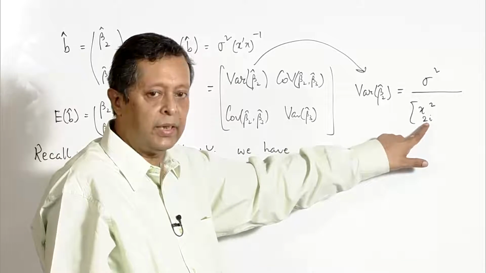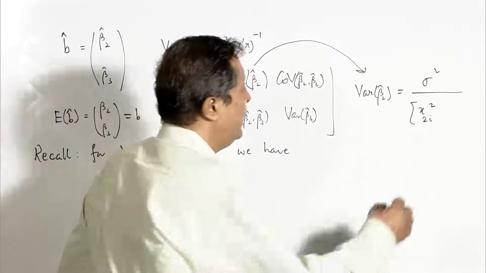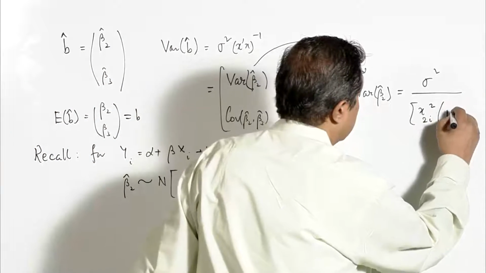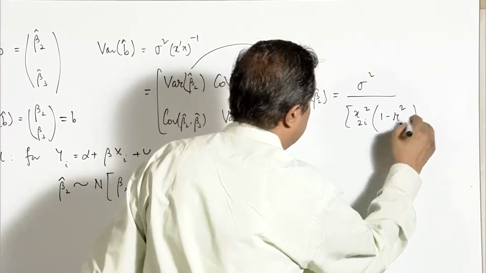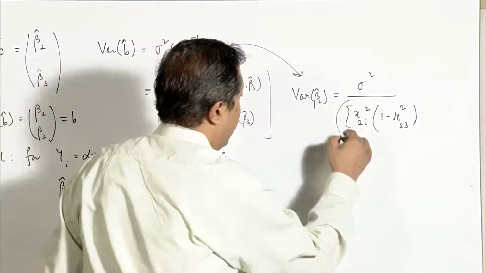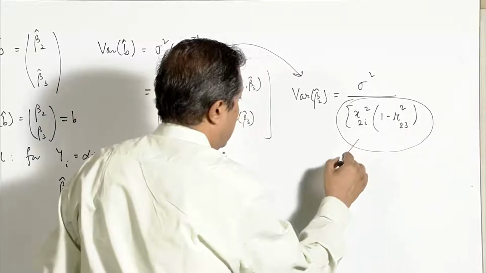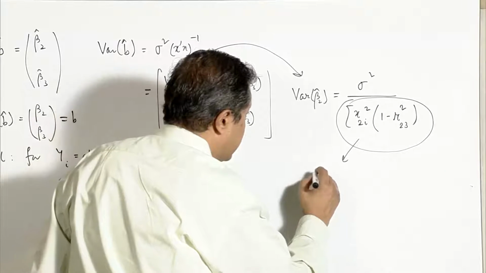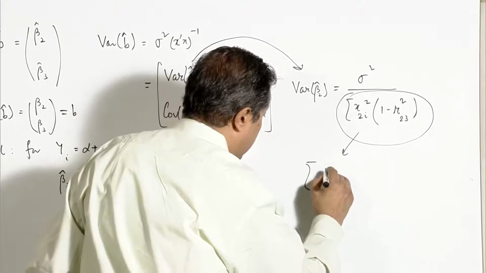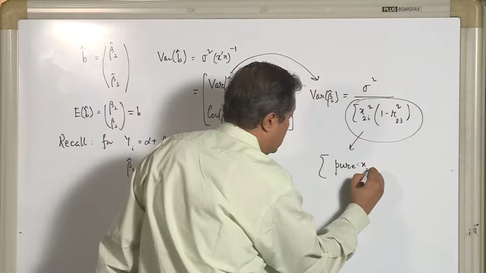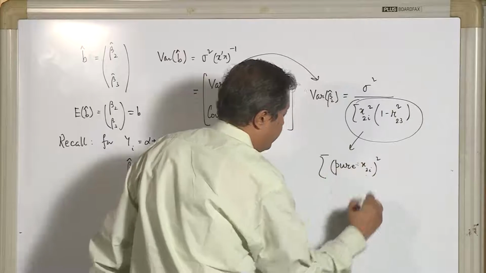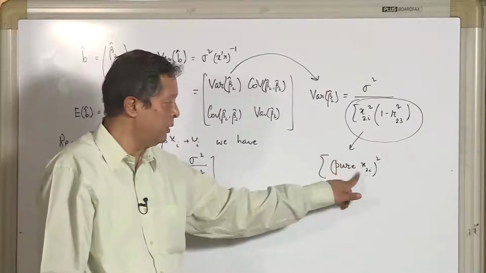So, beta 2 is associated with x 2i, but we need to put in another term here, 1 minus r square 2 3. Let us explain what this term is. We can say that this is sort of summation pure x 2i square. Now, what is this purity about?